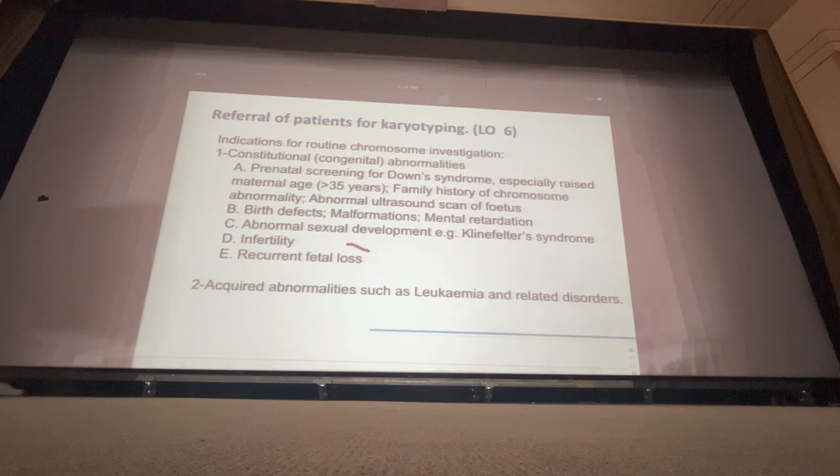Second, birth defects, malformations, mental retardation. Sometimes they see a birth defect and you are trying to see if there are abnormalities; you can send for karyotyping. Abnormal sexual development, as in Klinefelter syndrome: usually they come with fertility problems, are sent for chromosome analysis and are proved to be Klinefelter syndrome when they become adults.